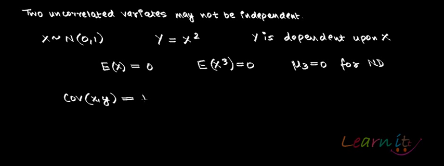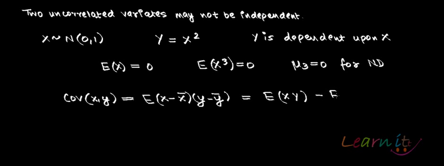Let's see how. What is covariance of xy? E of x minus x bar into y minus y bar, which, on simplification, you can write as E of xy minus E of x into E of y. This is what you'll have.